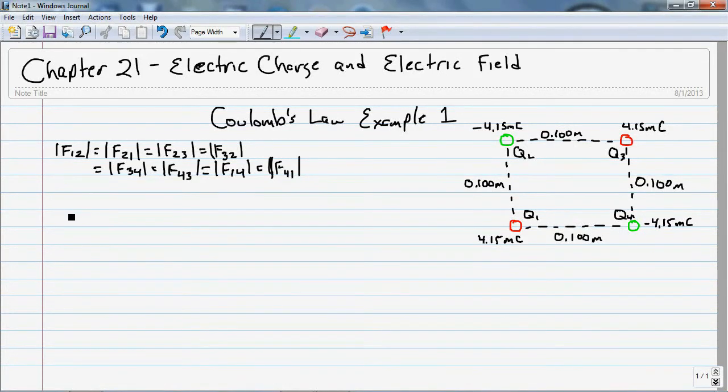Now, the second thing we can look at is that since there is symmetry, there's going to be that symmetry in the diagonals.